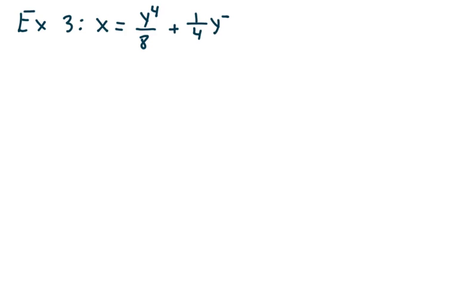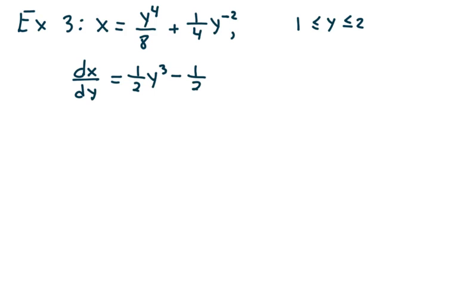If you don't mind, I'm going to write this as 1/4 y to the negative 2. And y is between 1 and 2. So what I want you to do is find dx dy. Well, that's going to be 1/2 y to the 3rd minus 1/2 y to the negative 3. So that's just power rule, okay?